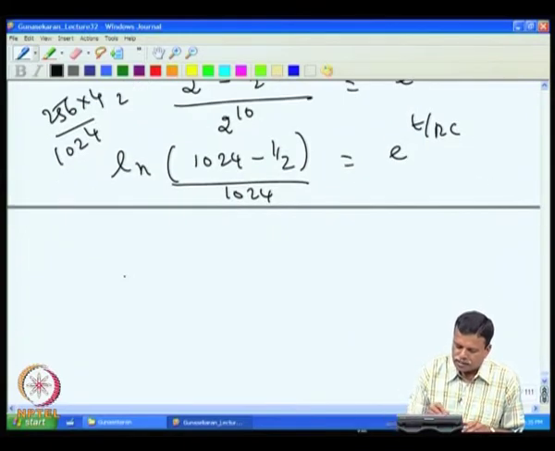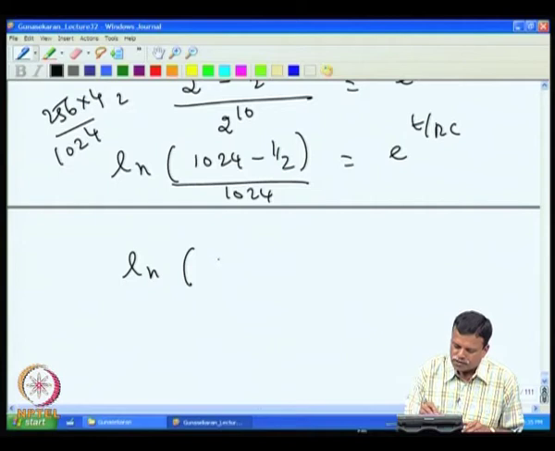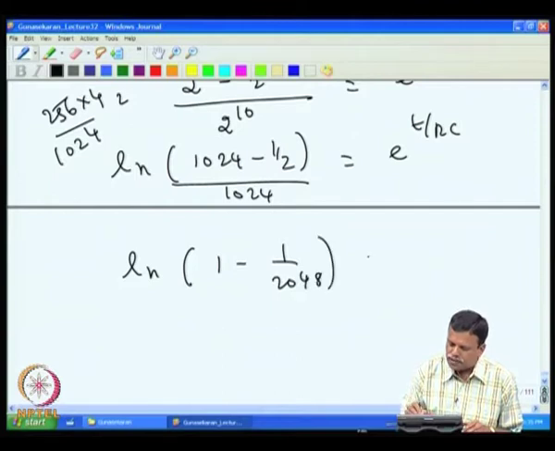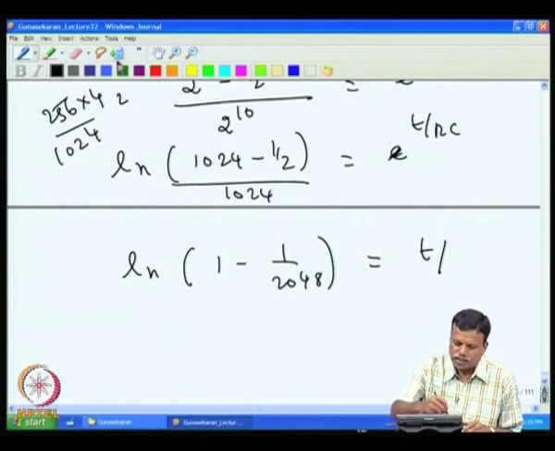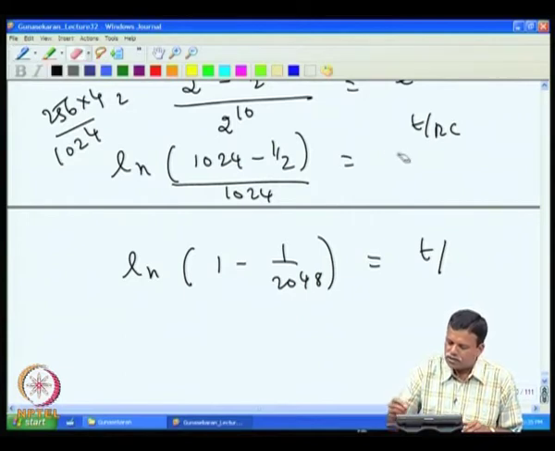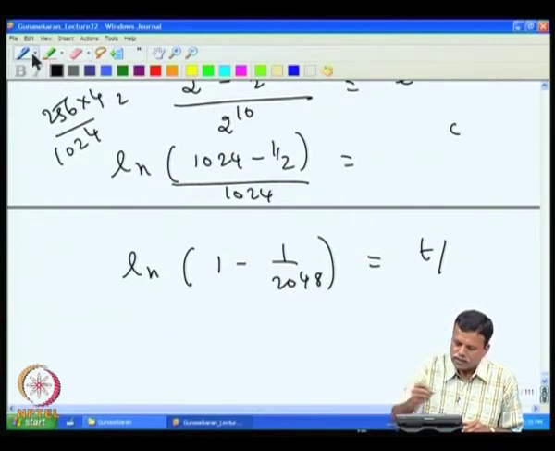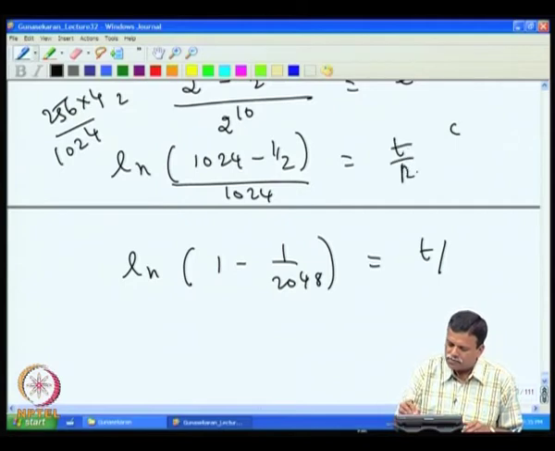Now, if I take ln, that comes 1 minus 1 by 2048, which equals t by RC.